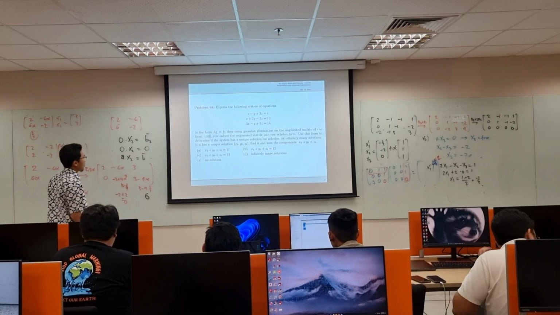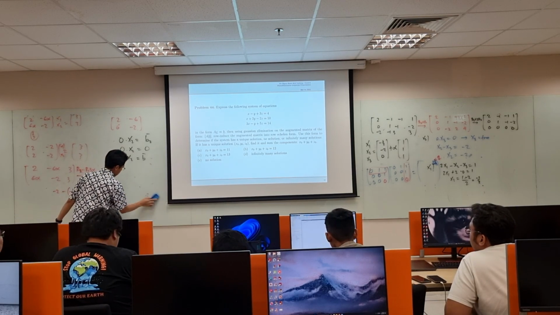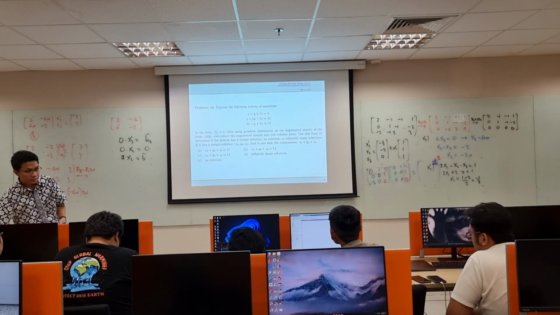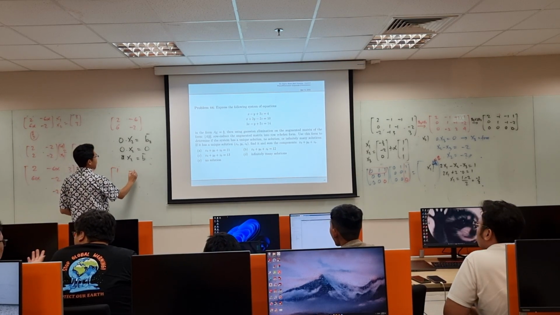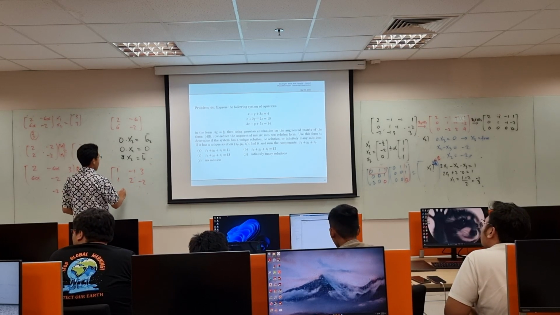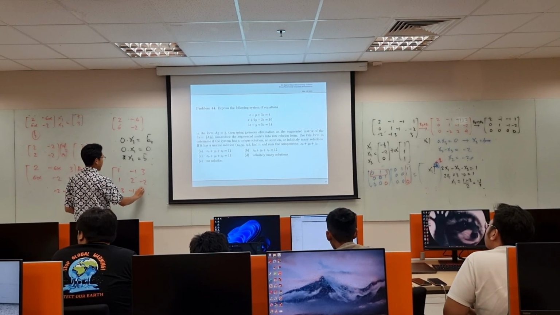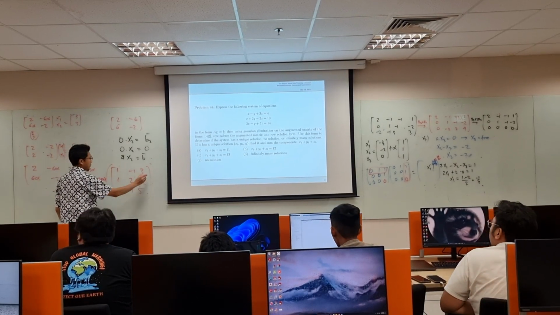Find the inverse or just compute the rank of matrix. You put the matrix 1 minus 1 3, 1 2 minus 2, 3 minus 1 and 5. You check the rank of this in MATLAB.